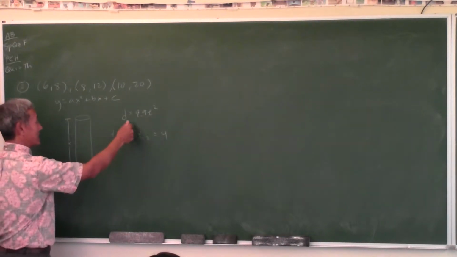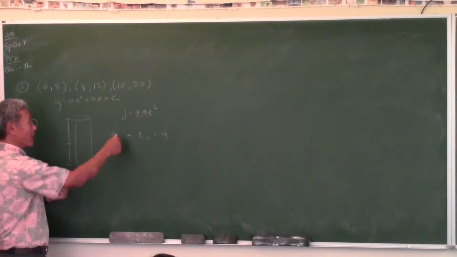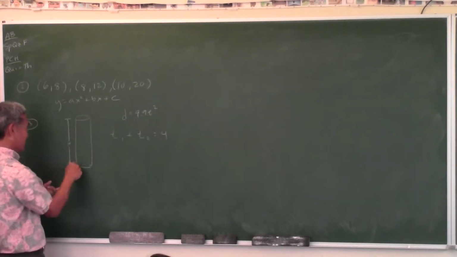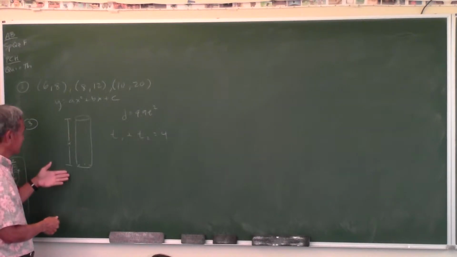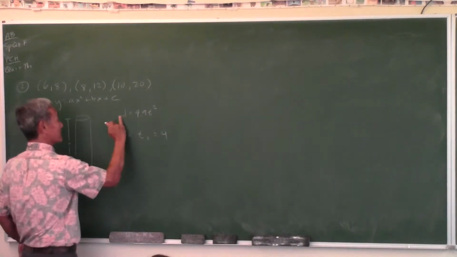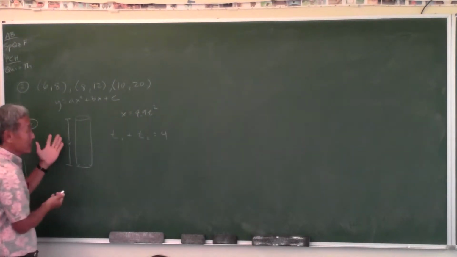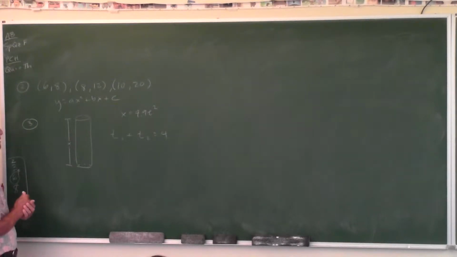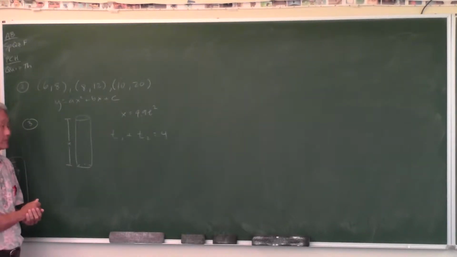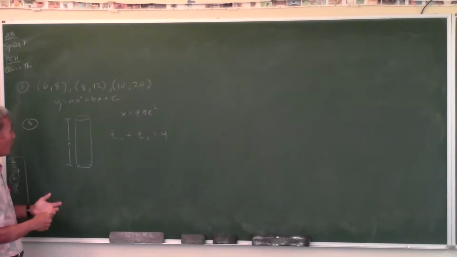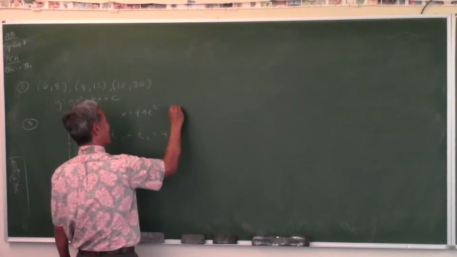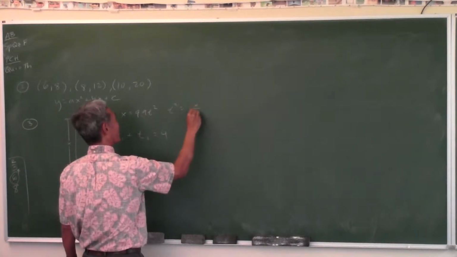Okay, so the time it takes an object to fall is this equation. What is this X then? The distance. So X, or if you wanted to call it D, whatever, is equal to 4.9 t squared. Can I solve for t in that equation? Yes. t squared is equal to x over 4.9.